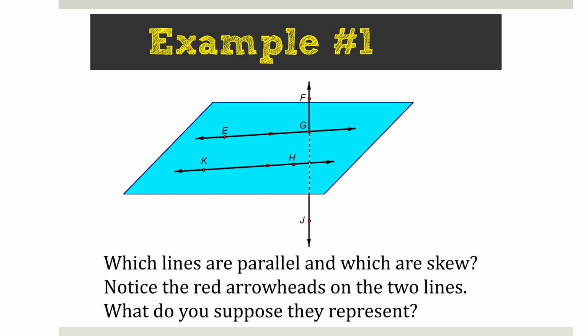Line JF and KH. Jaguar, ferret, and kangaroo hippopotamus. Correct. And which lines are skew? Kangaroo, hippopotamus, ferret, and jaguar. Correct. Okay. And then which lines intersect?